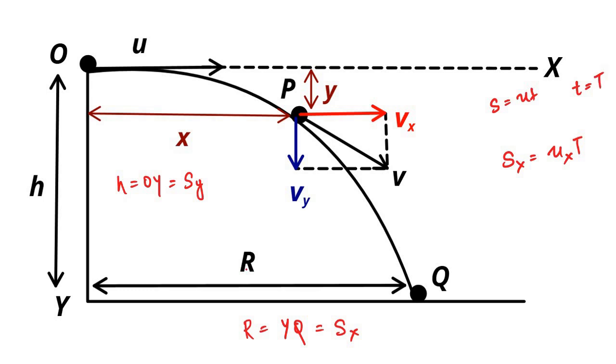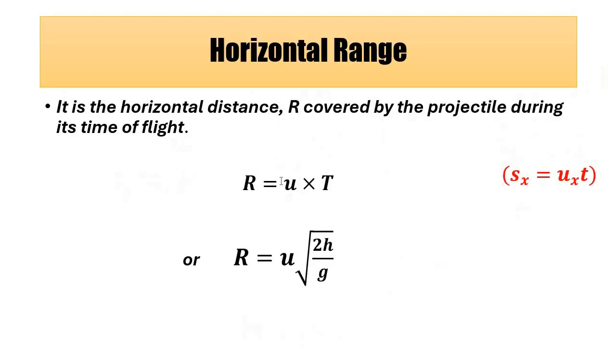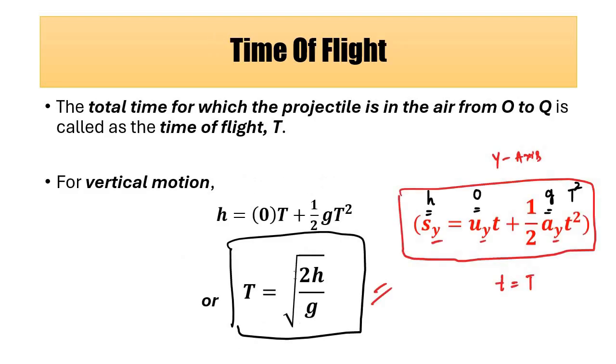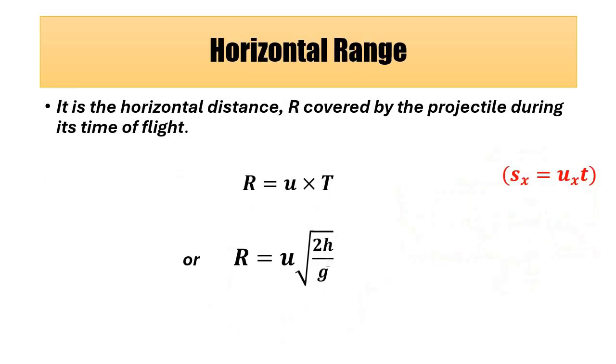S is equal to Sx, u is equal to ux, because the initial horizontal component of the velocity remains constant throughout. So that is equal to u into t. Here we have calculated time of flight is equal to root over of 2h by g. So we substitute that, and horizontal range R is equal to u into root over of 2h by g.